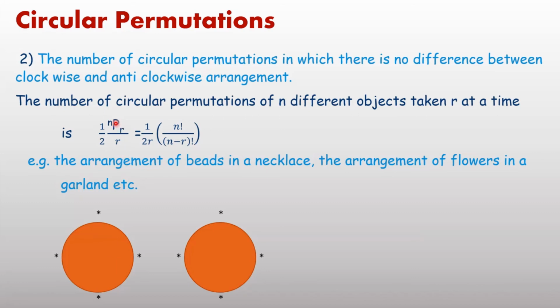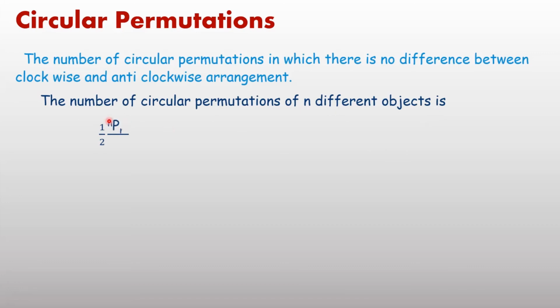Now if r equal to n, meaning taking all the objects at a time, then the number of circular permutations of n different objects is nPn upon n divided by 2, or 1 upon 2 factorial n upon n equal to 2.